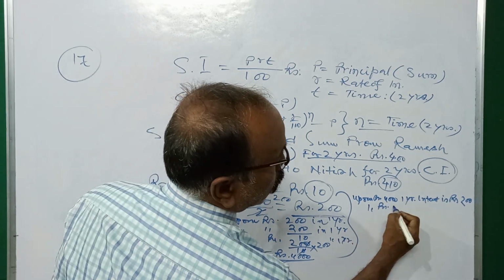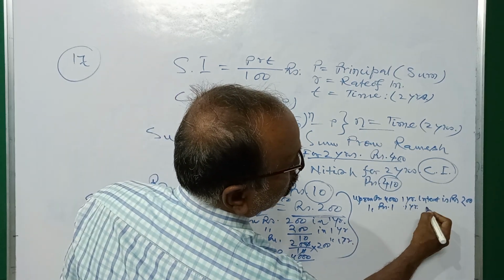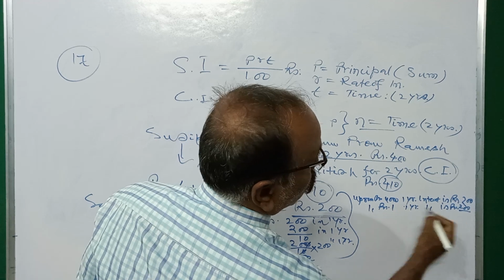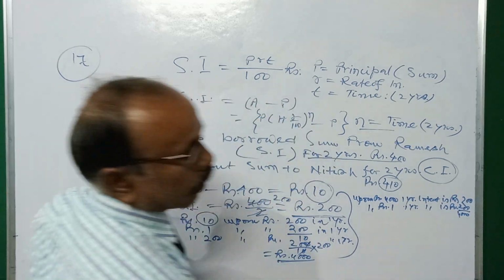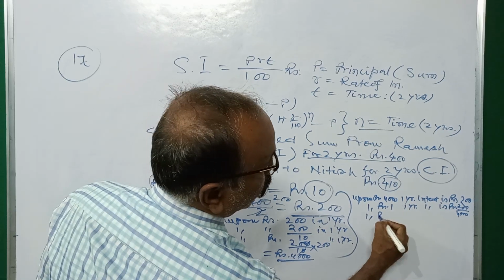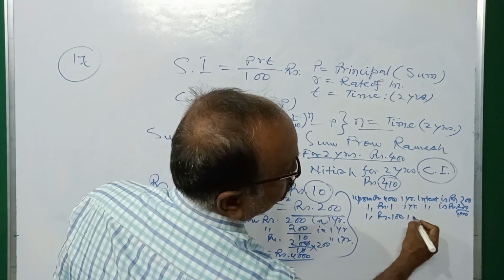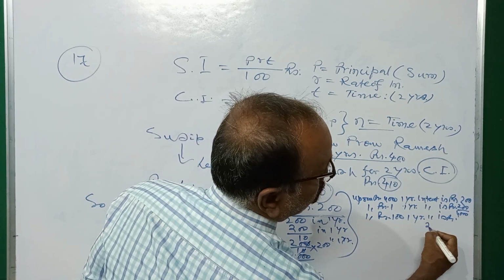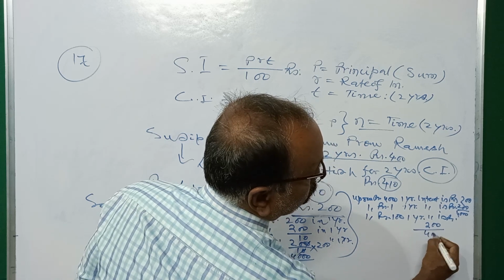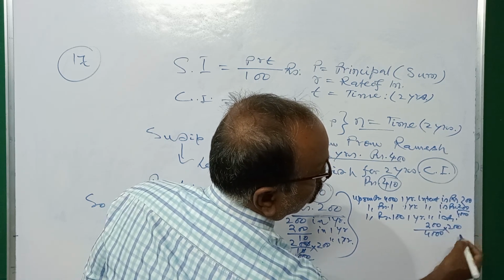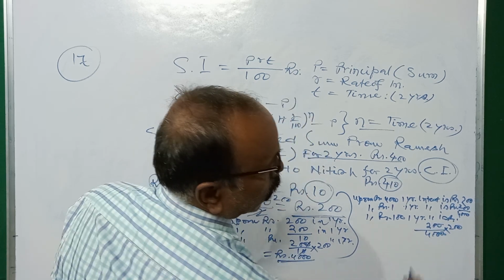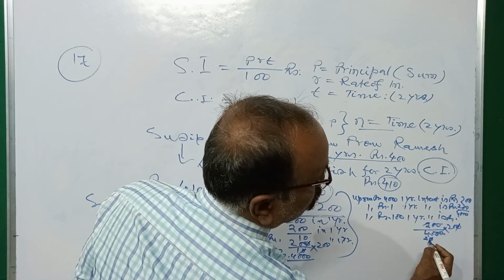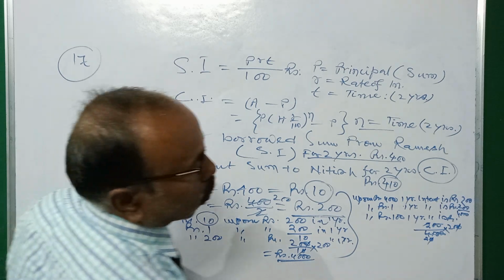Upon rupees 100 in 1 year, interest is rupees, my dear students, you see, 200 divided by 4000 into 100. The zeros will be crossed. 2 2s are 4.